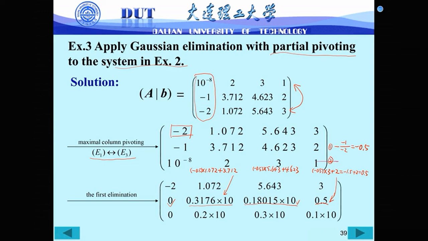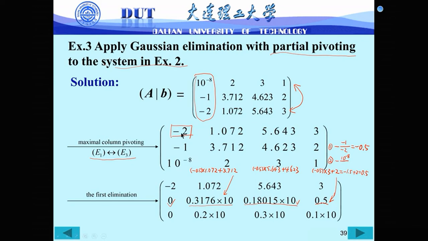Also, it is minus ratio. What is the numerator? The numerator is this number, because we use minus 2 as the new pivot to eliminate this number. So it is 10 to minus 8, right?